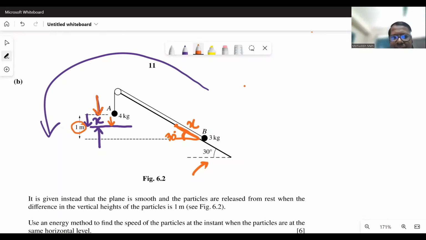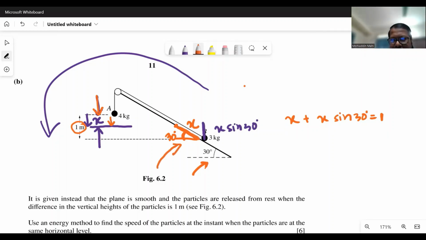So in that case, you have to write down X plus X sine 30 equals 1. Why? Because if object A moves X centimeter in downward direction, then B is moving X sine 30 in upward direction. Why? Because this is 30 degree. This is X. This is X.